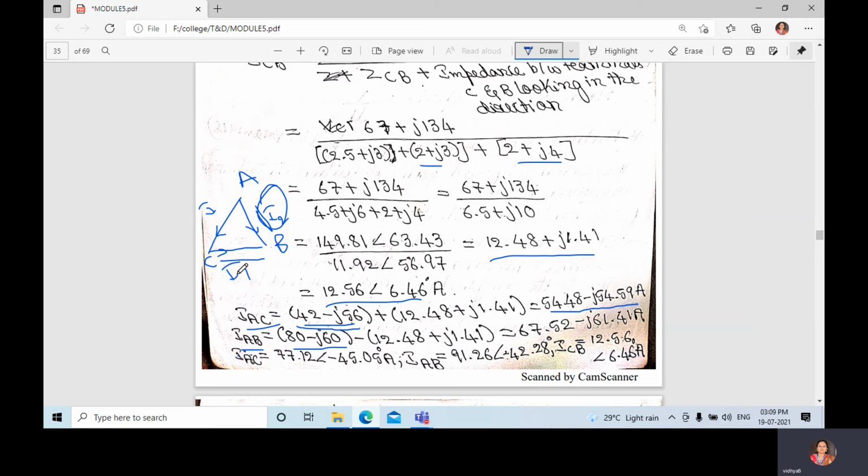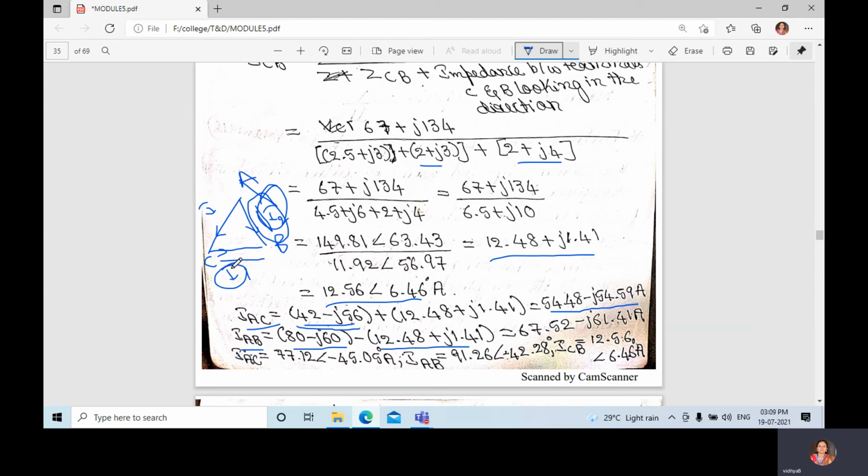That means when you compare with this current, I1 will be greater, because from here only it is flowing to the BA part. So they will take 80 minus j60, that is the current in section BA, minus this current. If you do that, what we get is the current in section IAB, 12.48 plus j1.41.